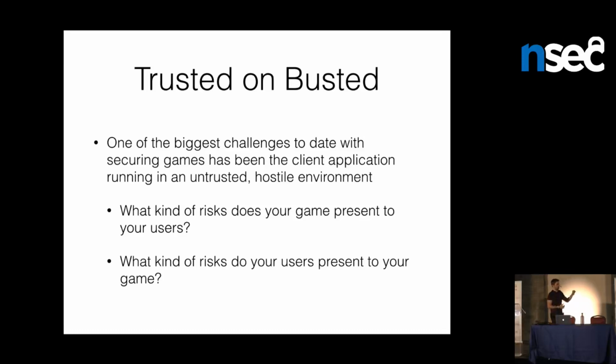And so you have to ask yourself as a systems designer, what kind of risk do our users present to our game? And what kind of trust do we want to put into those users? If the answer is not a lot, because it's an untrusted source, then we need to make sure that we have back-end controls to protect against the crap that those clients are potentially sending us.